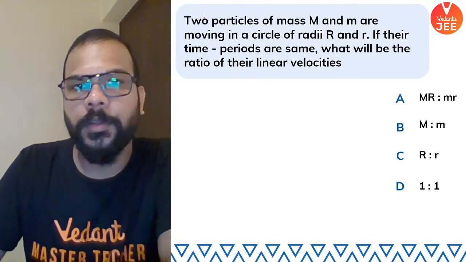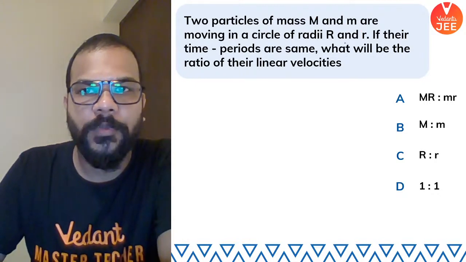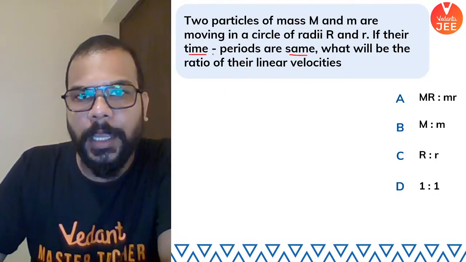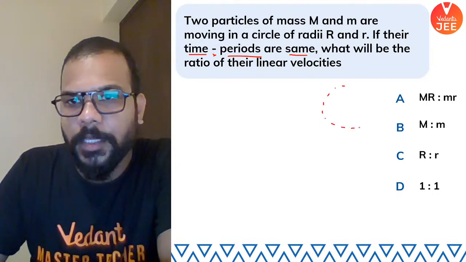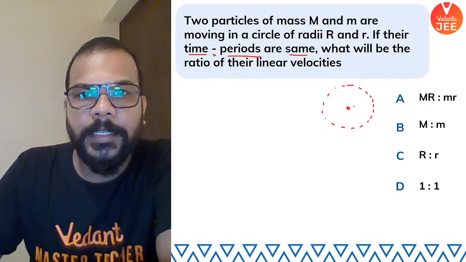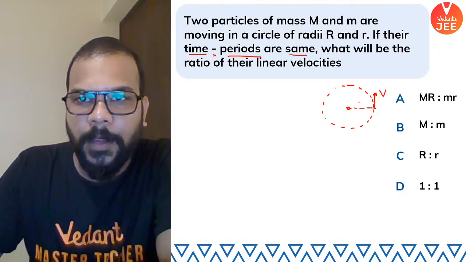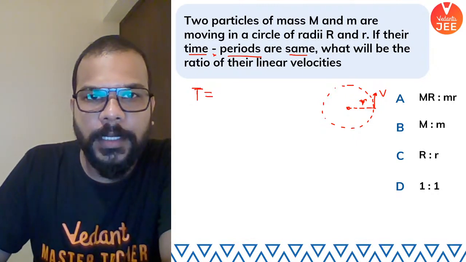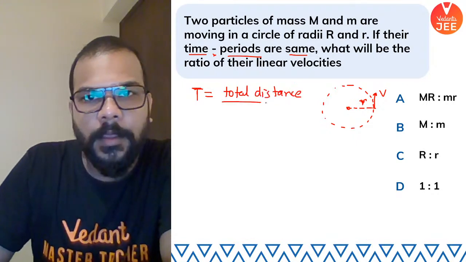Now this is a very good question. Question says that two particles of mass capital M and small m are moving in a circle of radius capital R and small r. If their time periods are same, what will be the ratio of their linear velocity? So guys, when a body is moving in a circle, assuming it's with a constant speed, say the speed is v and the radius is r, you know that time period is basically the total distance divided by the speed.